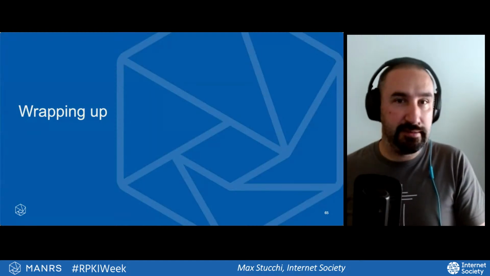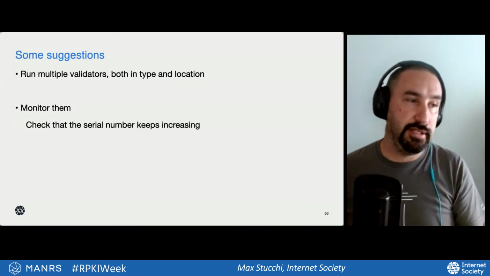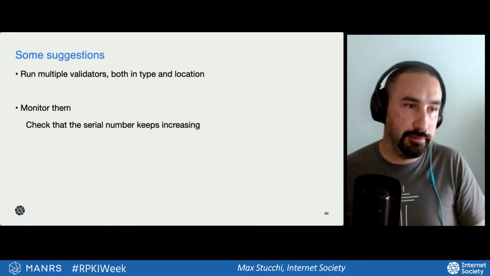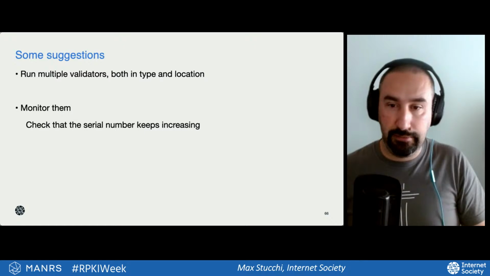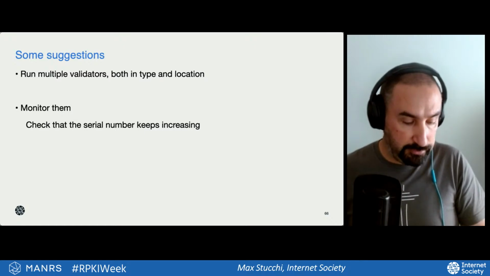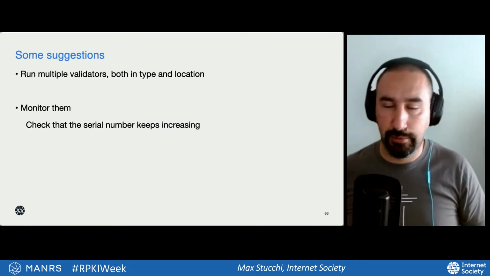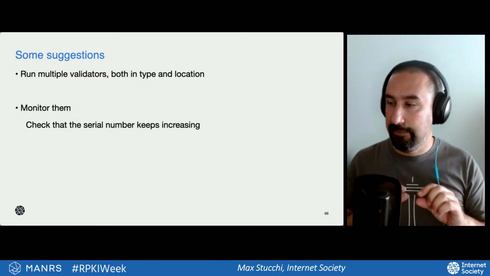We have the very last section with some suggestions. The suggestion, and I've given it already, is to run multiple validators, both in type and location. I run a small network, and I don't run hardware routers, I run software routers, I run BERT on FreeBSD.